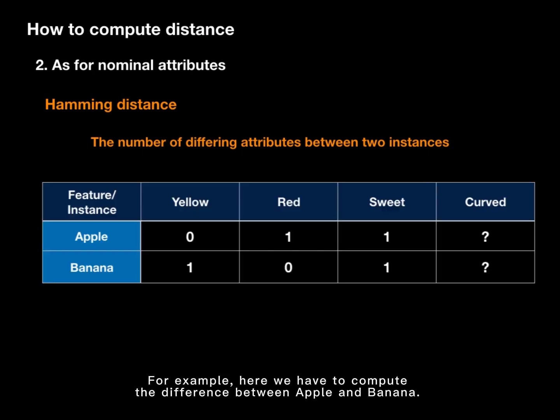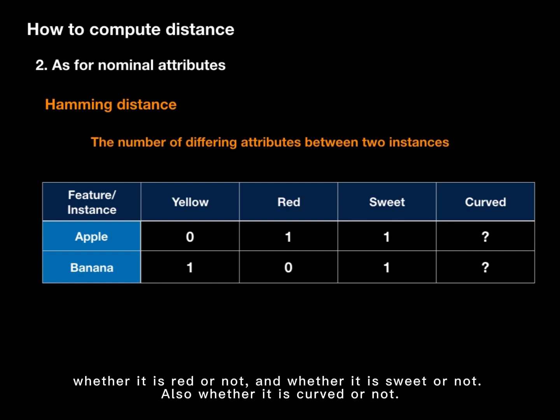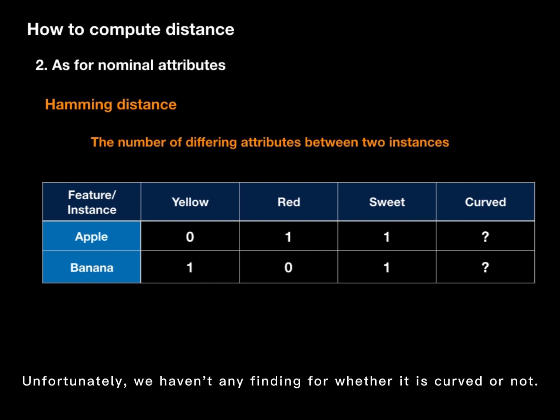For example, here we have to compute the differences between apple and banana, and we record 4 attributes between them: whether it is yellow or not, whether it is red or not, and whether it is sweet or not. Also, whether it is curved or not. Unfortunately, we haven't any finding for whether it is curved or not.